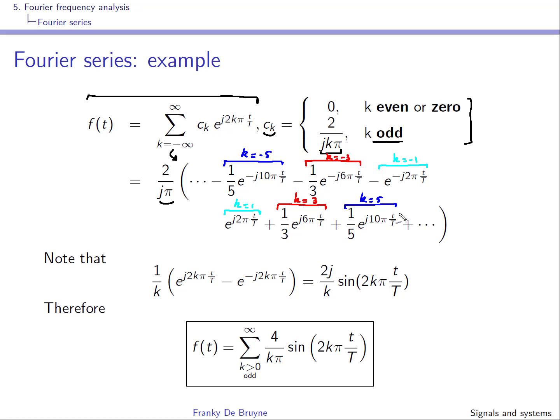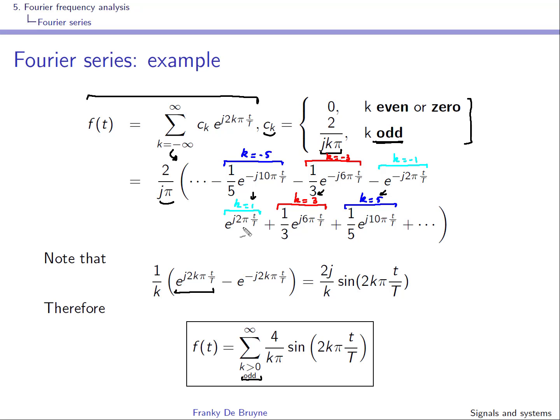So in this sum you always have a positive integer, 1, 3 and 5, and the corresponding term with the negative integer. So what you can do is work with positive integers that are odd, of course, because the even coefficients do not give a contribution, and write the corresponding term for the positive integer.